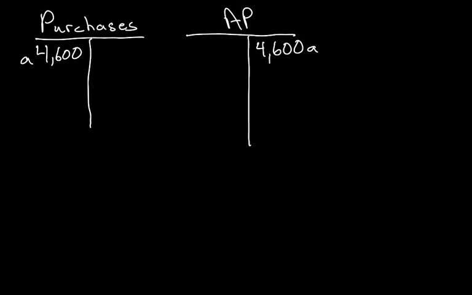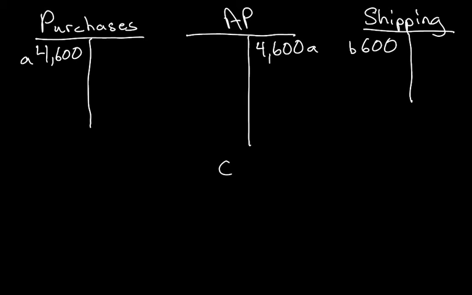So with that being said, we're going to debit an account. I'm going to call it shipping. Sometimes it's called transportation in. You pick what you would like. But we're going to debit this shipping account, and we're going to credit the cash account. And then we'll put the cash account under the accounts payable account.